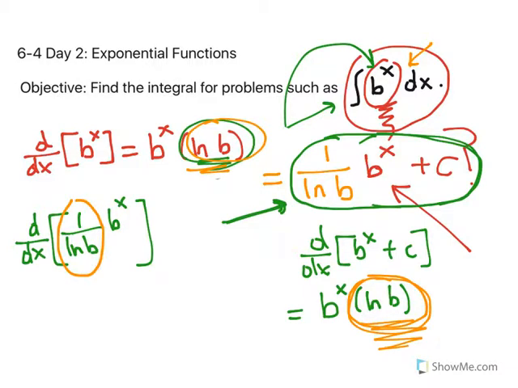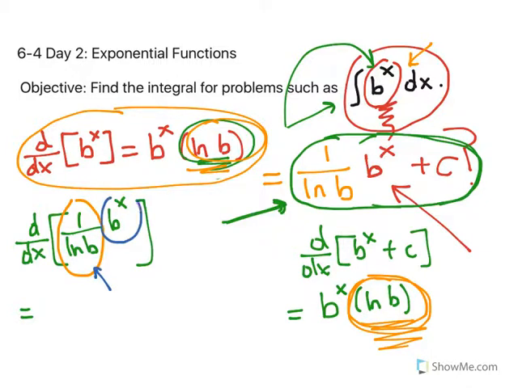So to find the derivative here, you're going to use the differentiation rule from yesterday, and you're going to use the constant multiple rule. So the derivative of a constant multiple times a function is the constant multiple times the derivative of the function.